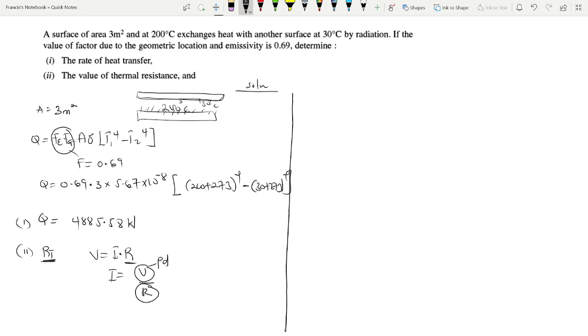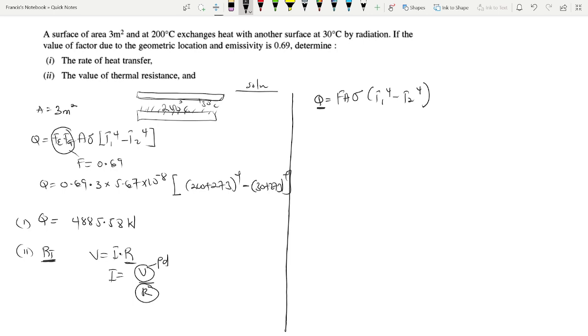For radiation, we know Q equals A sigma F, T1 exponent 4 minus T2 exponent 4. Our Q can stand in as the current, and the temperature difference can stand in as the potential difference.